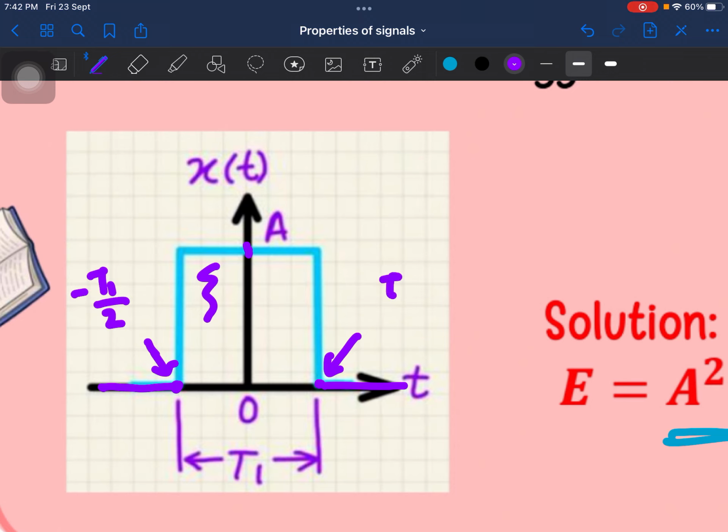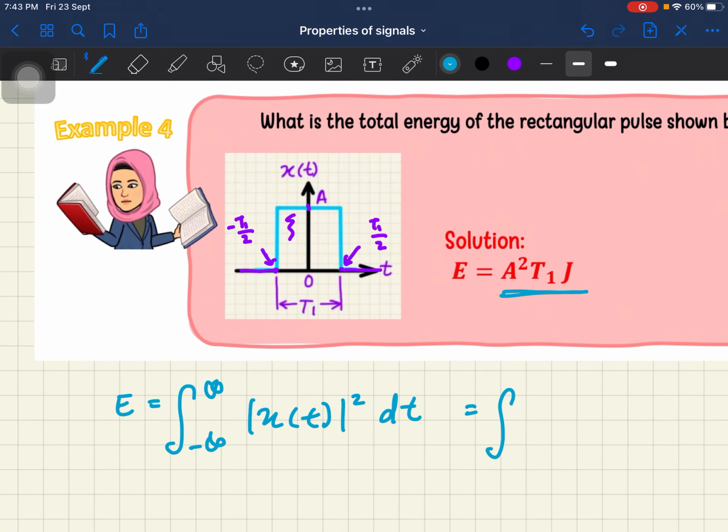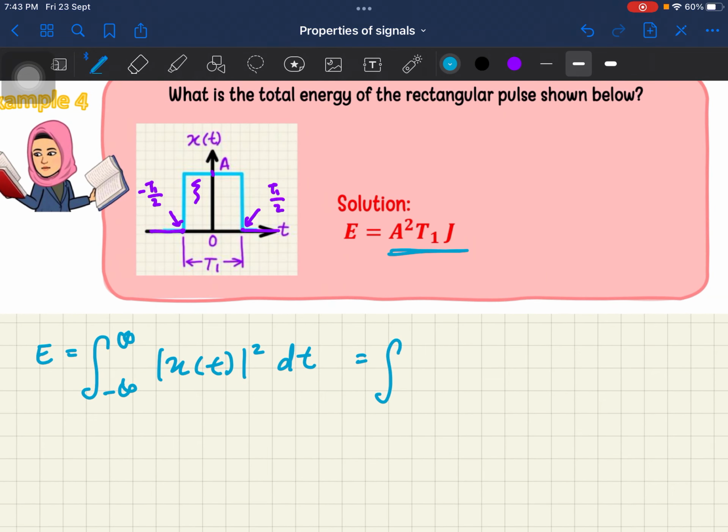Similarly, this one will be T1 over 2, a positive value because it's more than 0. Now we know the limits for the integration: minus T1 over 2 and T1 over 2.